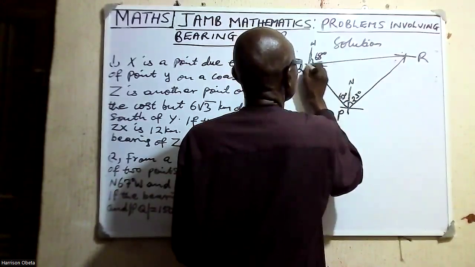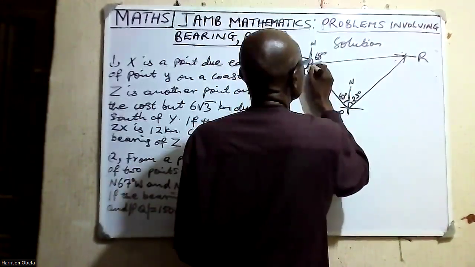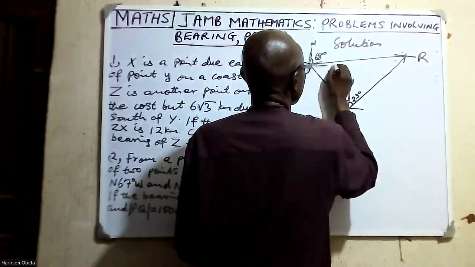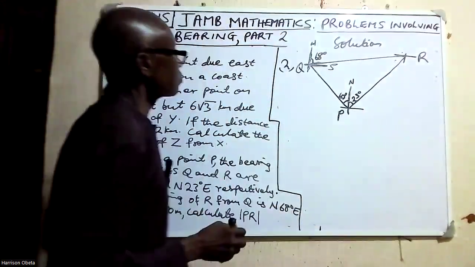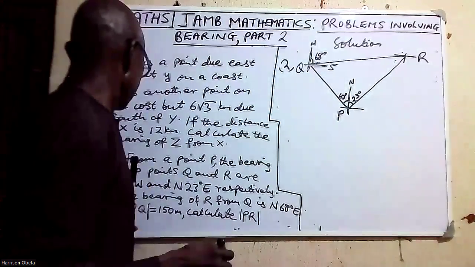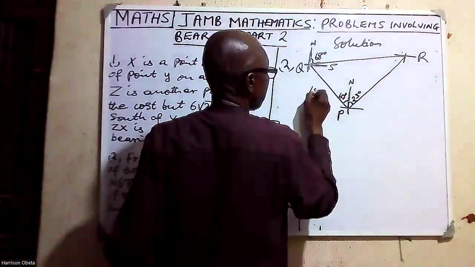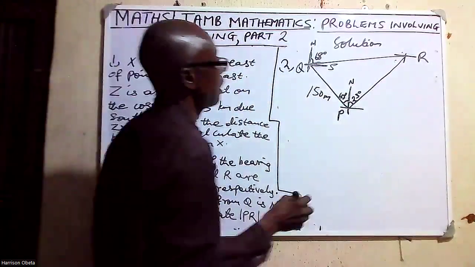That means we have this. We can call this S. Now, PQ is 150 meters. We have to calculate PR.